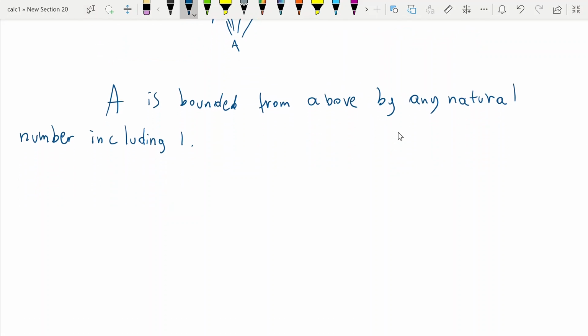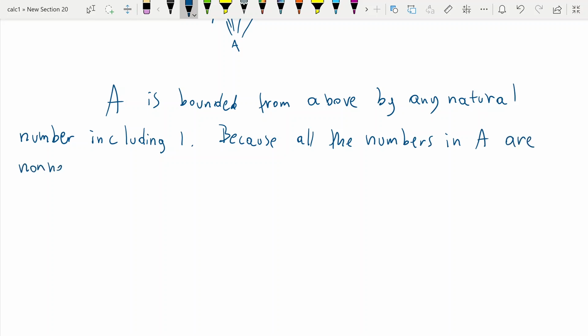At the same time, because numbers in A are not negative, A is also bounded from below.